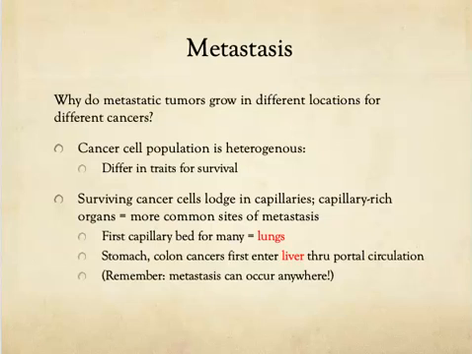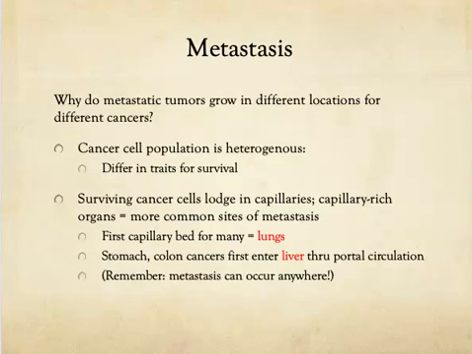It's a very, very narrow vessel. And so when these cancer cells get into capillary beds, they tend to lodge there. They tend to get stuck there. So, depending on where the primary tumor is, it's the first capillary bed that tumor cell reaches after it enters the bloodstream that will be the place it lodges.